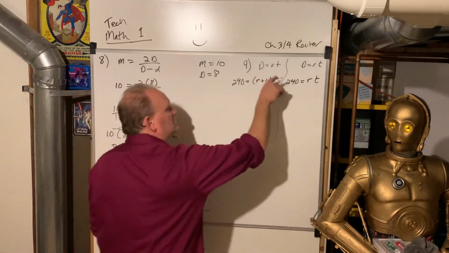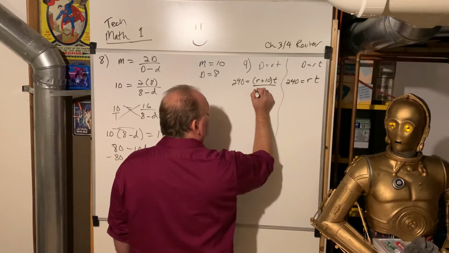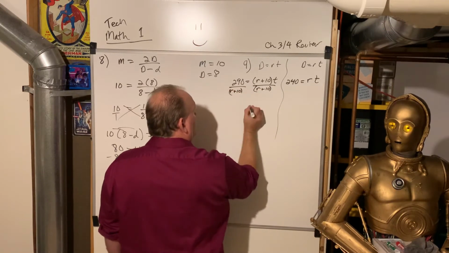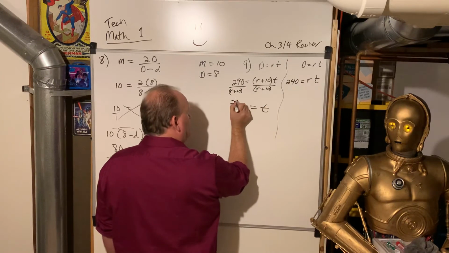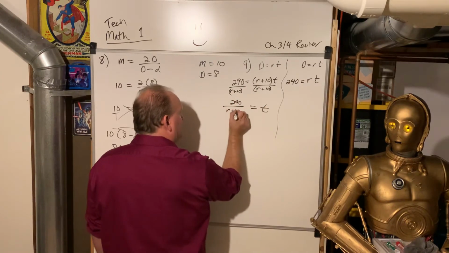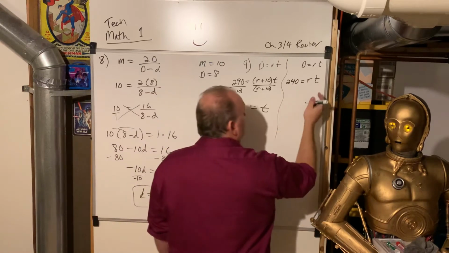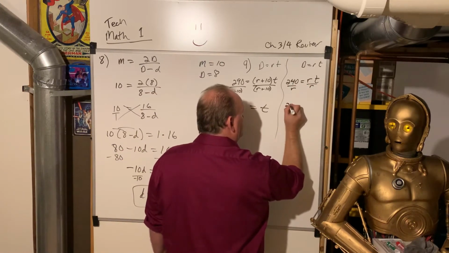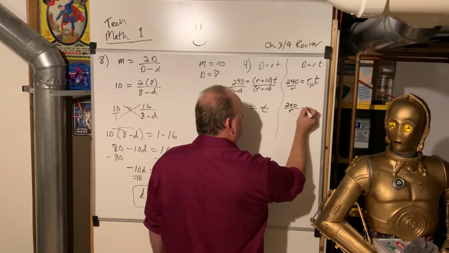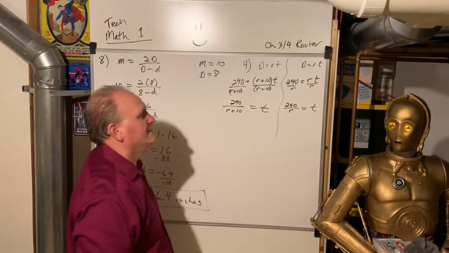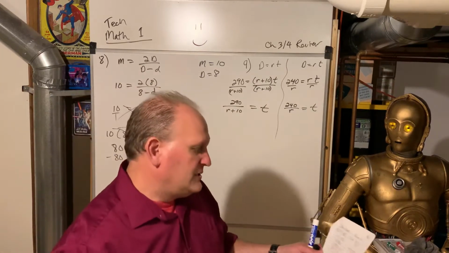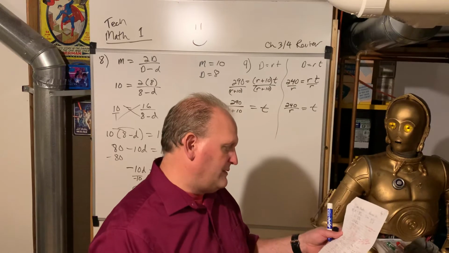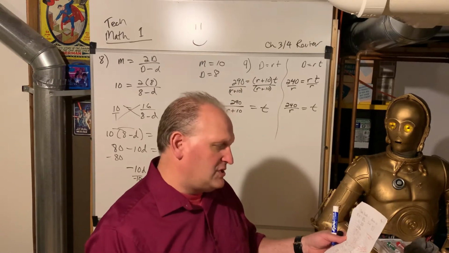So now let's solve this for time. We're going to divide by r plus 10, divide by r plus 10. So we have time is equal to 290 over r plus 10. That's the fast car. The slow car, divide by r, and 240 over r is equal to t. All right. So now the context of the problem, they said it's driving at the same time.